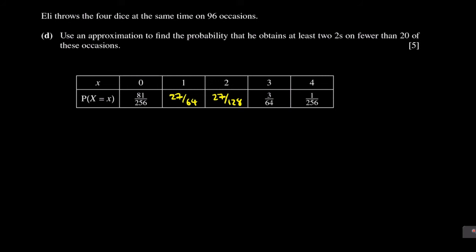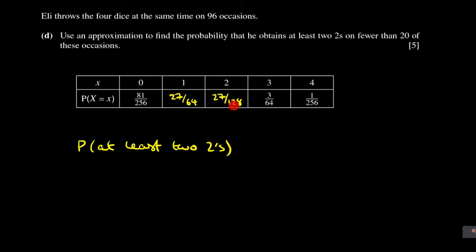What this question is, is a normal approximation to the binomial distribution. So first we want to find the probability that he obtains at least 2 2s. So let's write that down. The probability of at least 2 2s. And what's that going to be given by? Well, we've got to add up these values here, right?